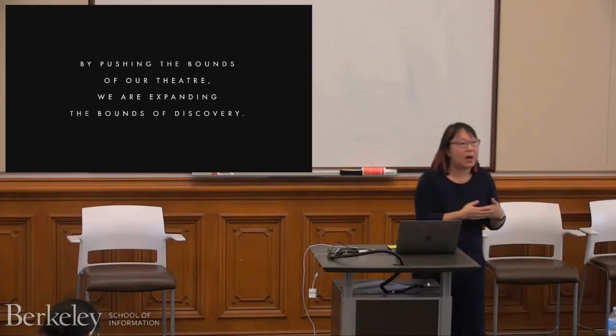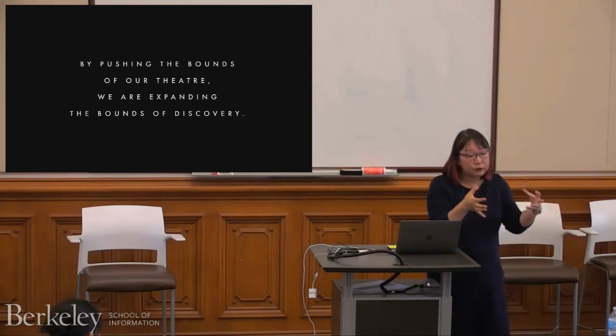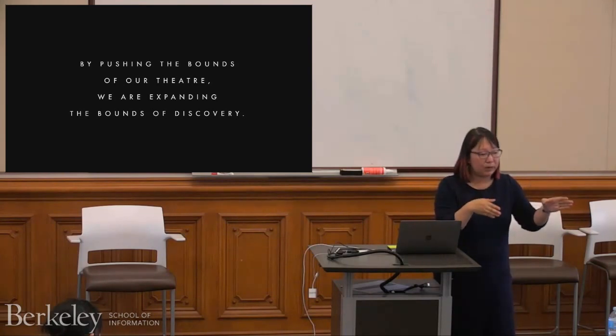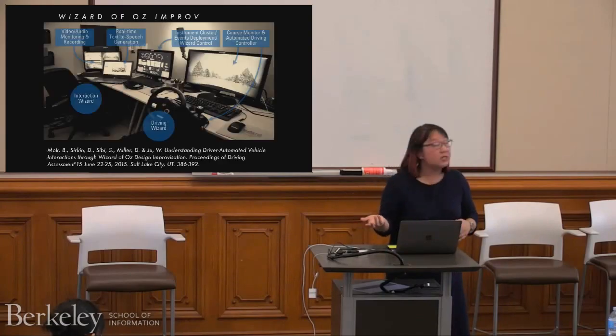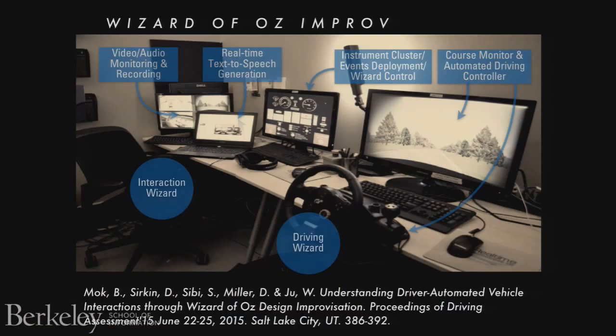Wizard of Oz is very popular with designers because we can use it to understand how people are going to interact with the technology before the technology is present. So in that driving simulator, we do some experiments where, in situations with autonomous driving, instead of having the computer control the car, which we can definitely do, we have a person behind the screen who can act on behalf of the car.